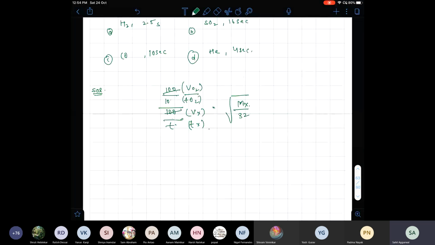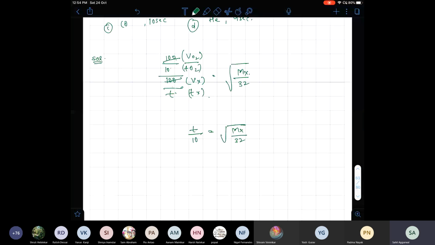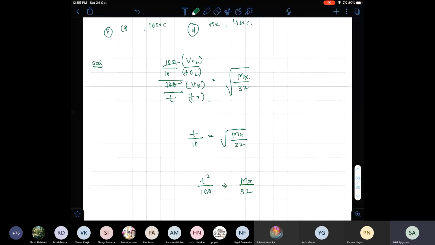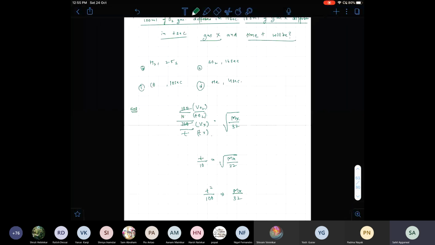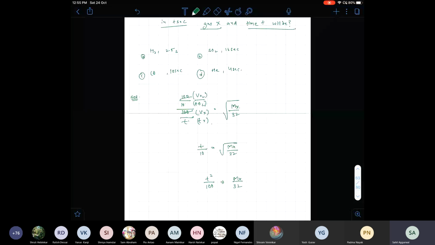Now when you solve it, it will become T by 10 is equals to mass upon 32. Take the square on both the sides. T square divided by 100 is equals to M by 32. Now you have to put the values, put different values and calculate.